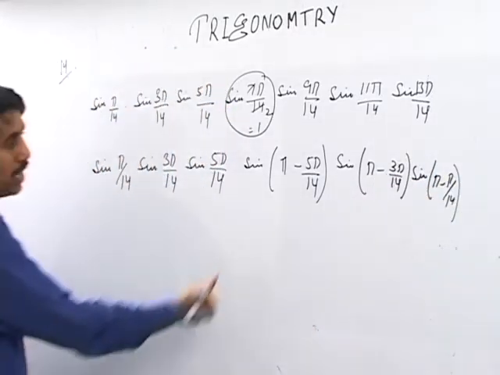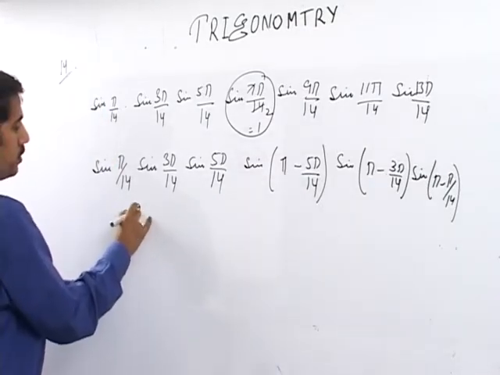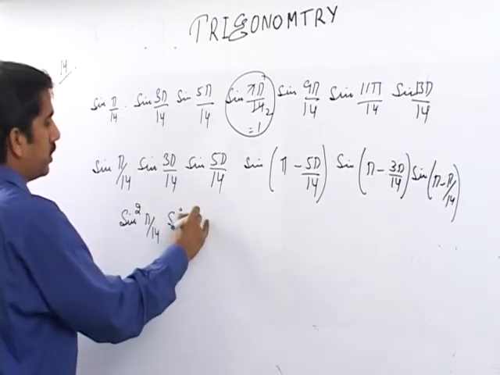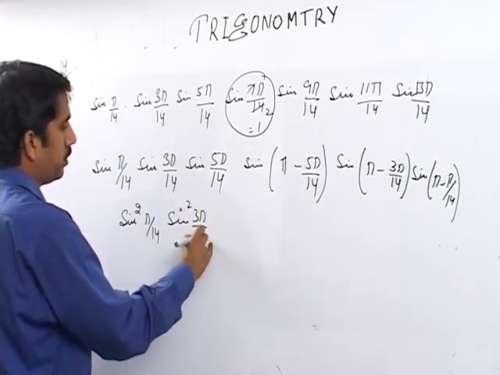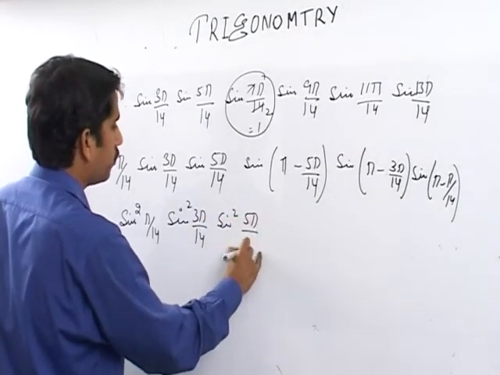Now since these lie in the second quadrant, you will get sine square pi by 14, sine square 3 pi by 14, and sine square 5 pi by 14.